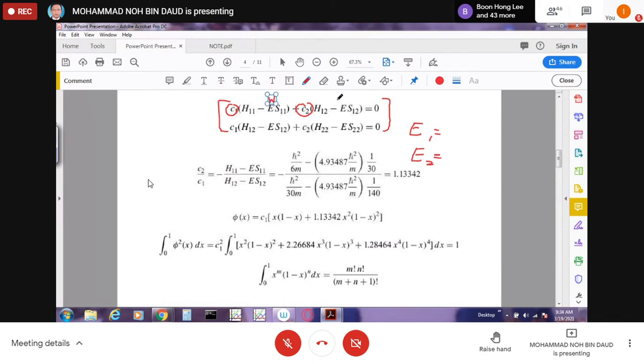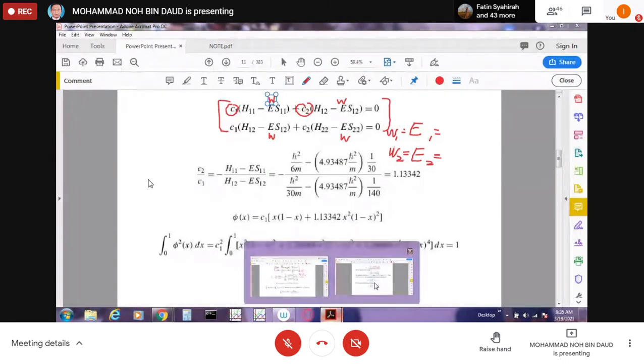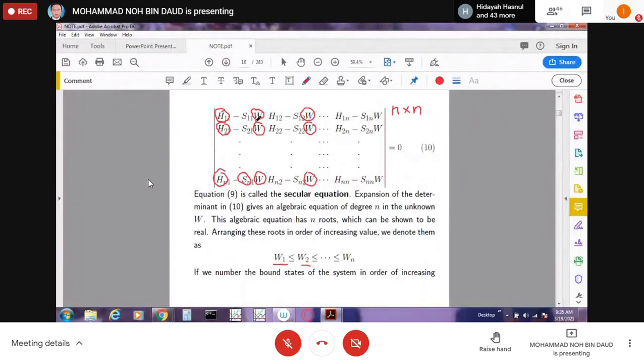You can use different symbols you like just to differentiate this E from the exact energy. So this is E1. Like in this note, this is actually W1 and W2. Like this one. So this is W.